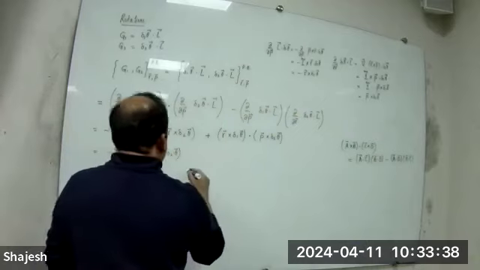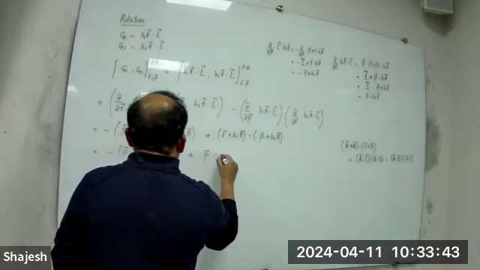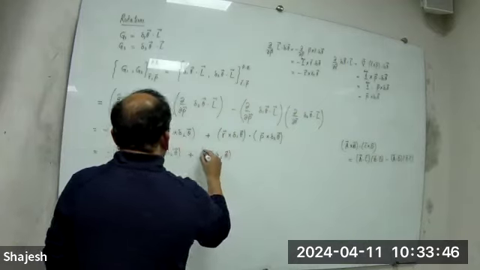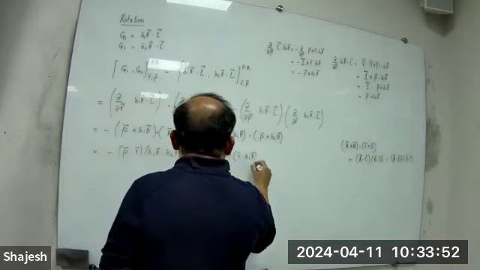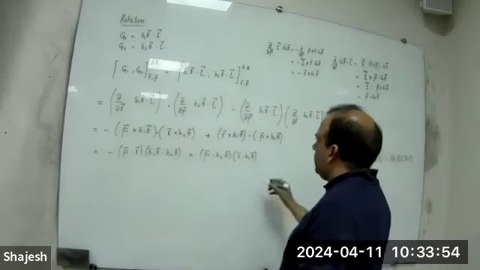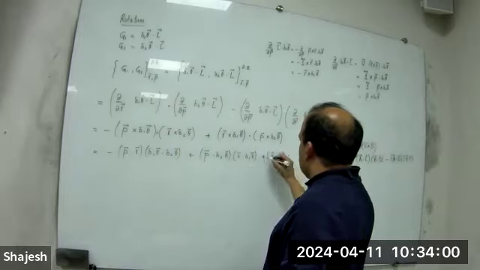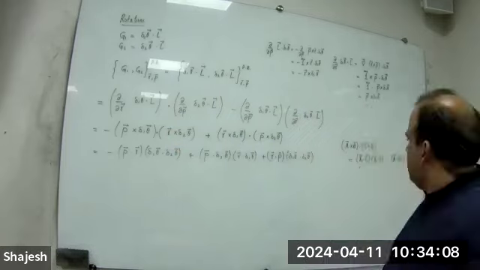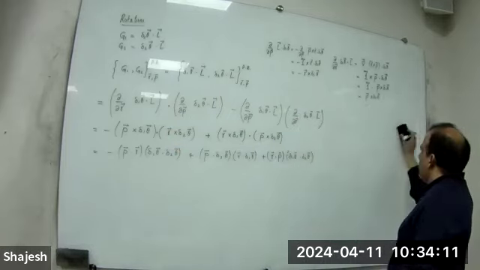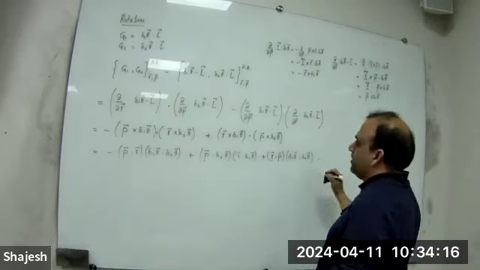And swap it and change the sign: plus P dotted with delta 2 theta and R dotted with delta 1 theta, plus R dotted with P, delta 1 theta dotted with delta 2 theta, and the outer, right?